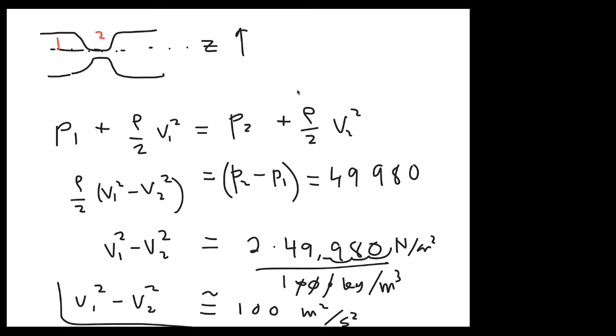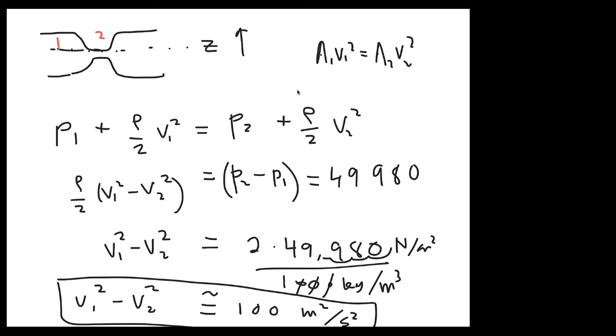Okay, we're getting closer, but we've got a couple of unknowns here. And so we're going to have to call on another equation, probably the continuity equation. We know that the area 1 times v1 is area 2 times v2. So in terms of the area, presuming the cross section is a circle, we know the area is equal to pi over 4 times the diameter squared.